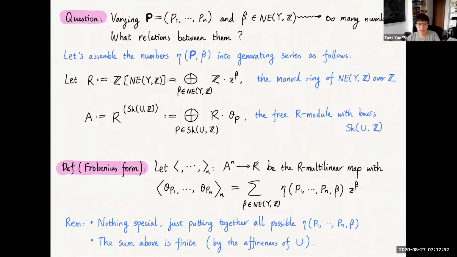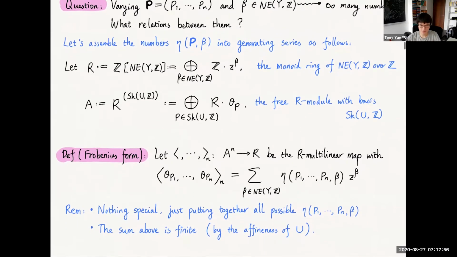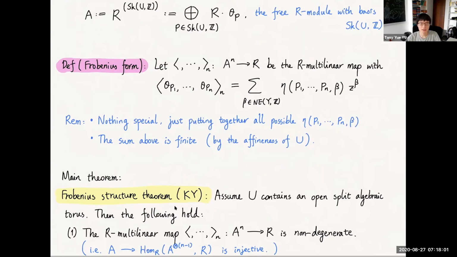So now let me state the main theorem of this talk. And it's proved in my paper with Gross-Hacking-Keel-Siebert. The main theorem of this talk is that if we assume that U contains an open split algebraic torus, then the following hold. First, this Frobenius form we defined above is a non-degenerate form.